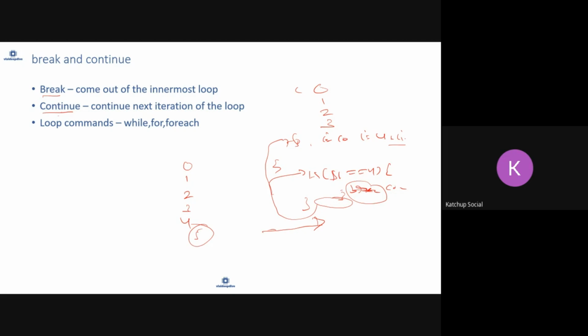So the difference between break and continue is that break will just end the loop, nothing else will be executed, and it will execute whatever is the next line after the loop. But if it's continue, it will execute the next iteration of the loop. These work with break and continue in while loops, for loops, and foreach loops.